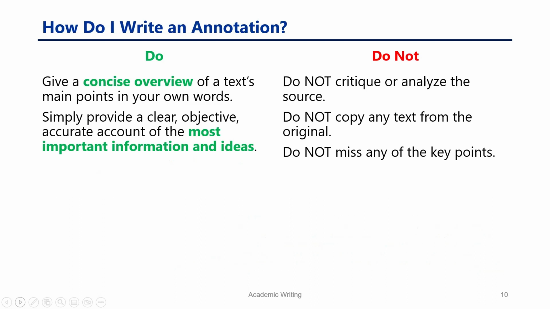Just simply provide a clear, objective, and accurate account of the most important information and ideas in that source. But don't go overboard. Do not critique or analyze the source. Do not copy any text from the original, and do not miss any of the key points.